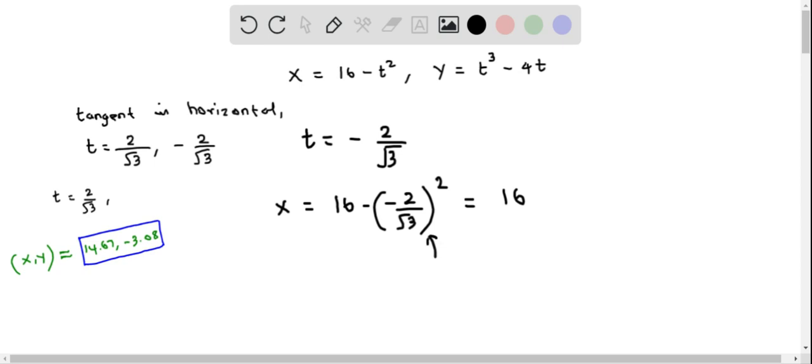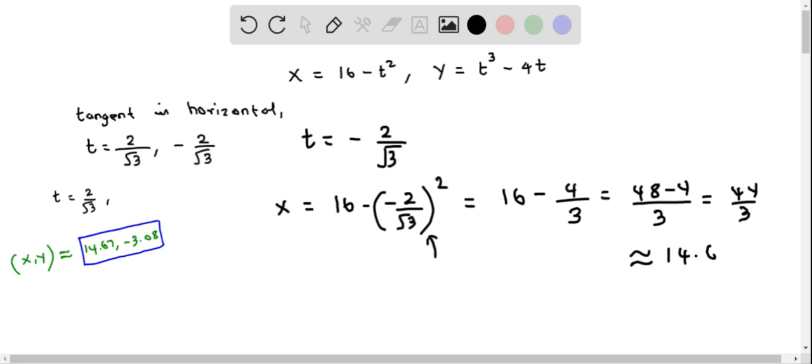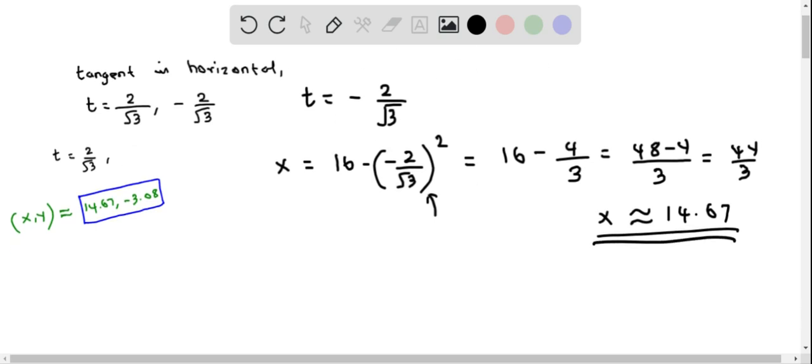Square of a negative number is positive, so it's going to be 16 minus 2 squared is 4 divided by root 3 squared is 3. So once again we get 16 times 3 is 48 minus 4, divided by 3, and this equals 44 by 3, and its decimal equivalent is 14.67. So x is approximately 14.67.